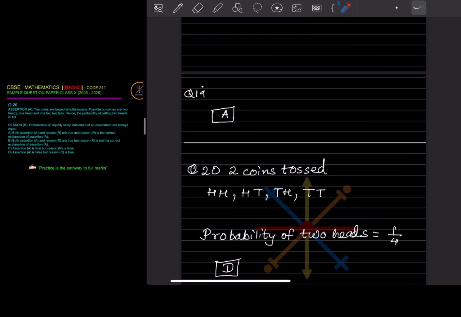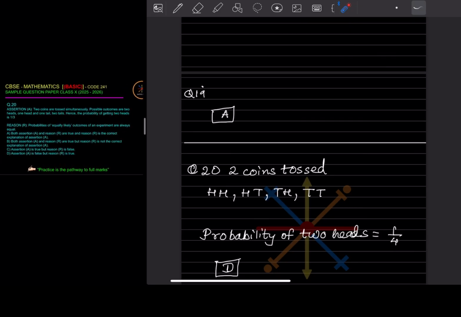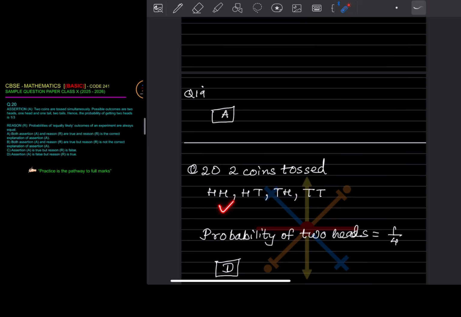In question number 20, assertion A: two coins are tossed simultaneously. Possible outcomes are two heads, one head and one tail, and two tails. Hence the probability of getting two heads is 1 by 3. Whenever two coins are tossed, the outcomes are HH, HT, TH and TT.